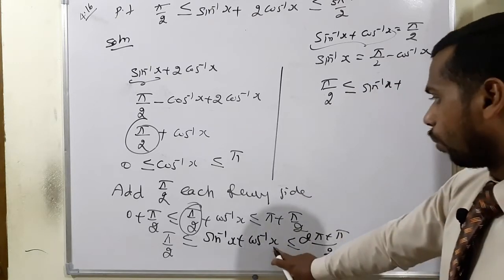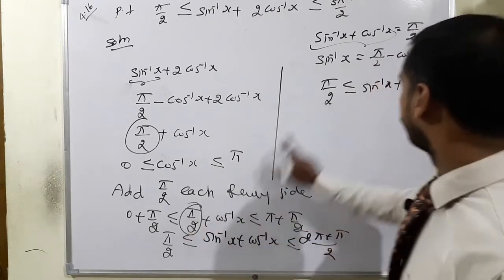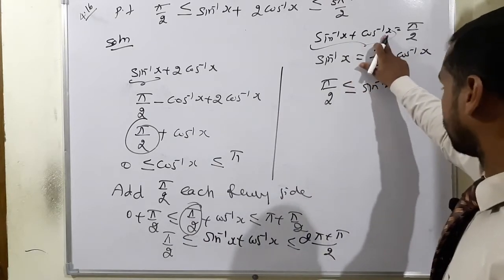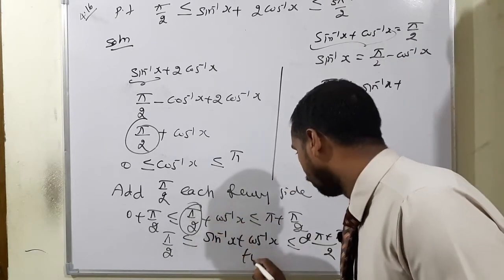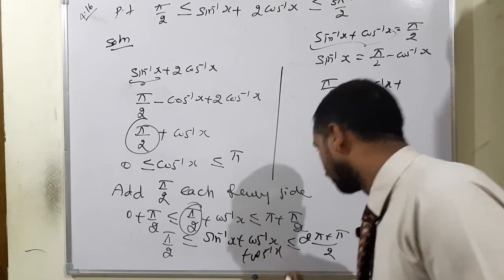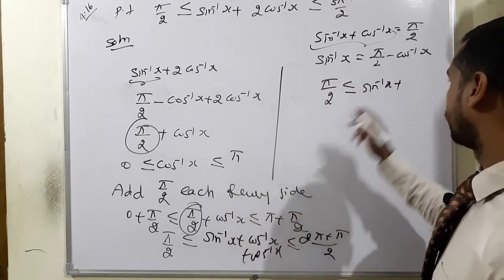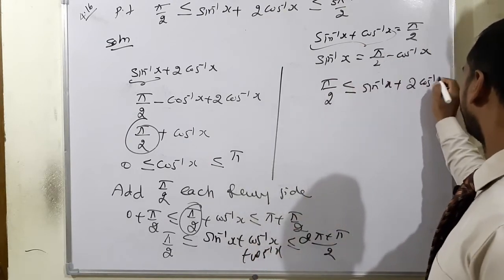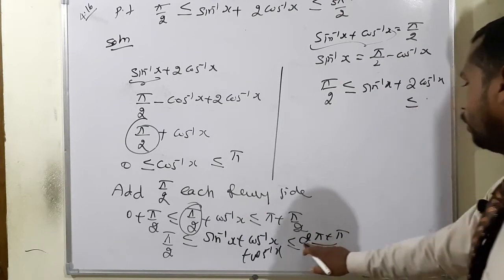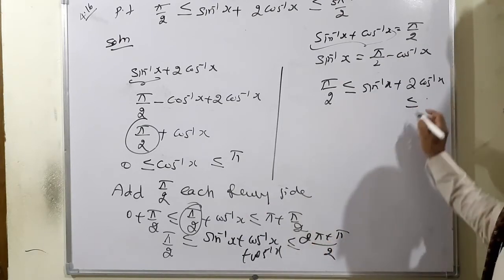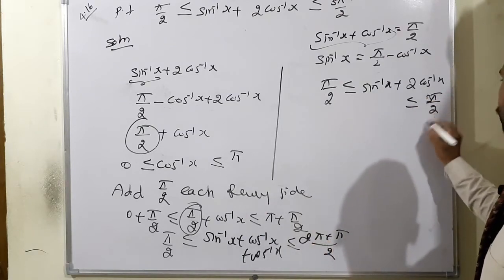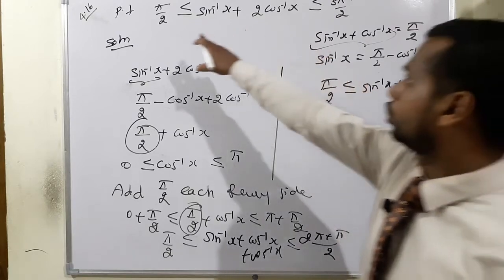Sorry, my dear, one term is missing. Instead of pi by 2 we write sine inverse x plus cos inverse x, but the other term is also there, cos inverse x. Adding, we get 2 cos inverse x, less than or equal to 2 pi plus pi, which is 3 pi by 2. This is our answer.